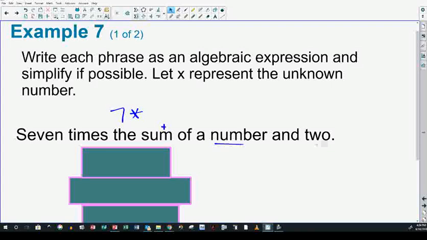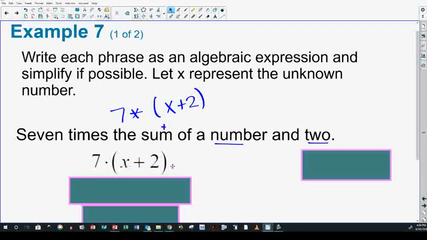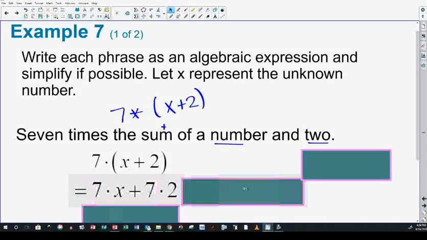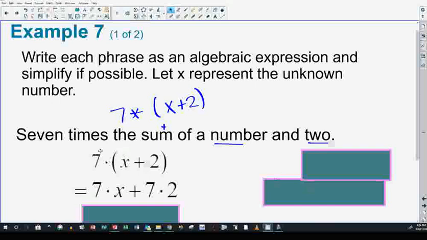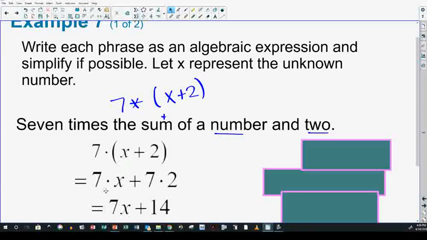So I'm going to add a number and 2, times a number and 2. Anytime you're multiplying by a parenthesis, you don't have to have your times symbol there. So 7 times the sum of a number and 2 means 7 times x, 7 times 2. So you get 7x plus 14. So this would be your final answer.